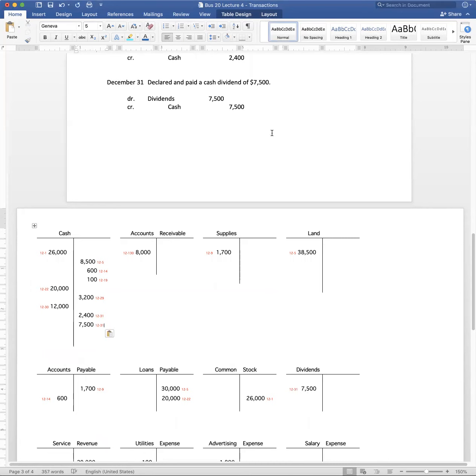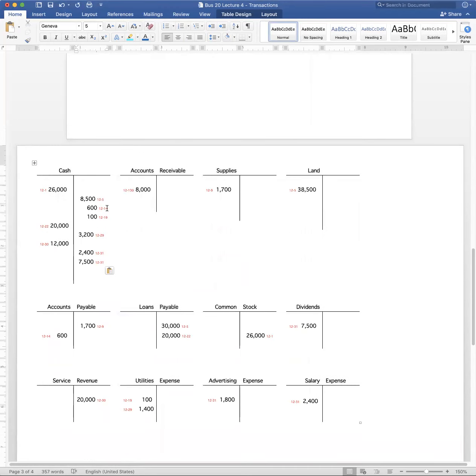Okay, so that's the end of the transactions for this company. So hopefully your T account that you have been filling in as we've been going along looks something like this. Of course, you don't have to have the references, but the numbers in black, those you should have. Now we have all the numbers combined in their separate accounts.